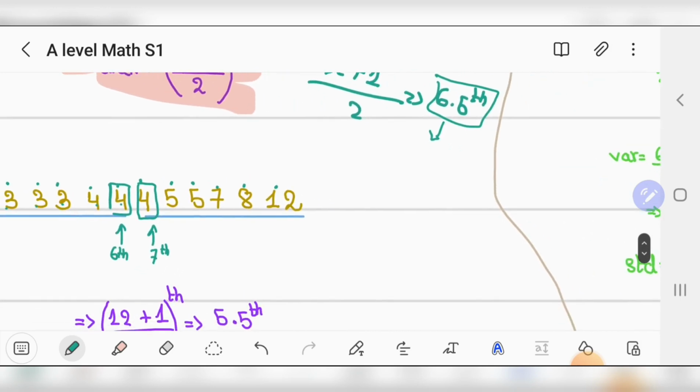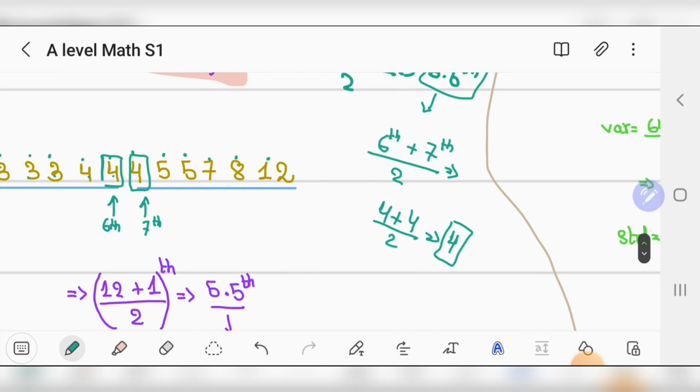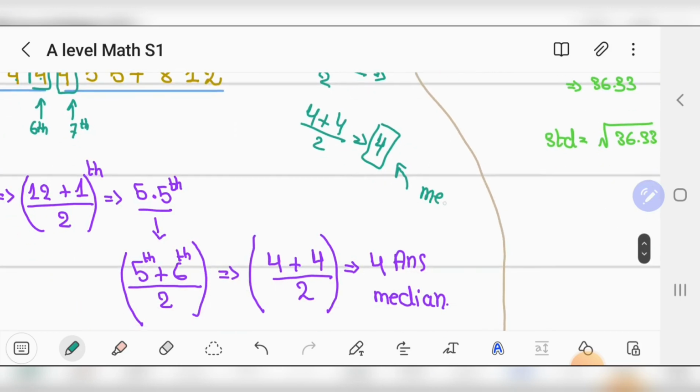So what we're going to do is take the 6th plus the 7th upon 2. The 6th is 4 and the 7th is 4, so 4 plus 4 upon 2 is 4. This is the answer, the middle value, the median.